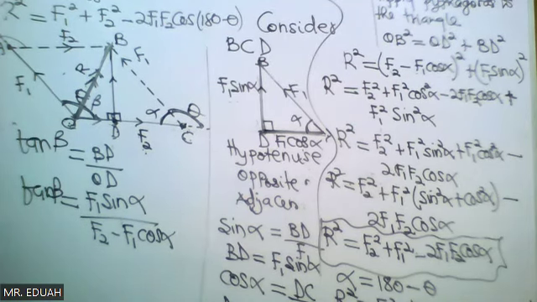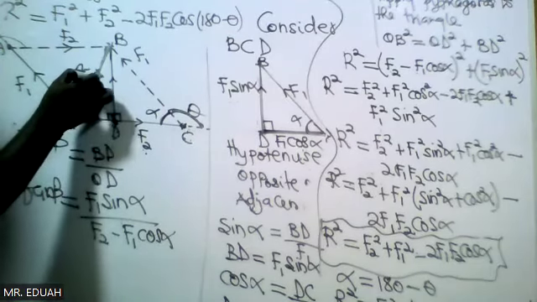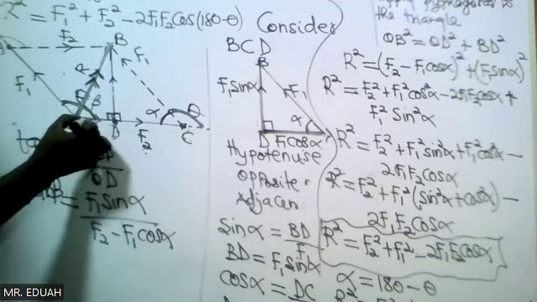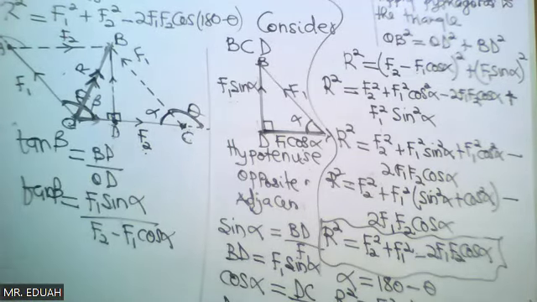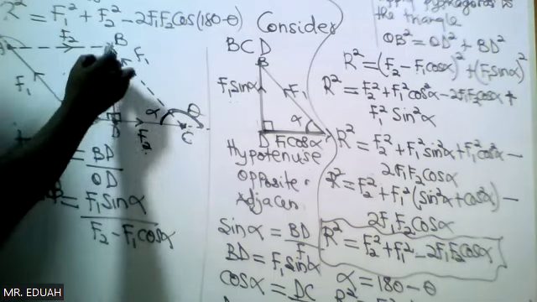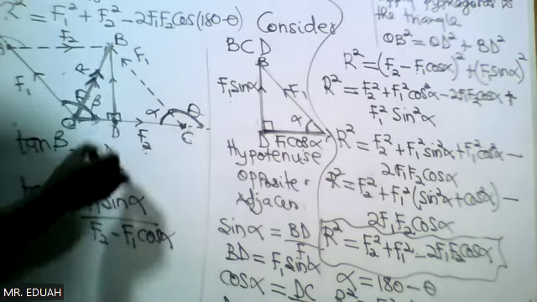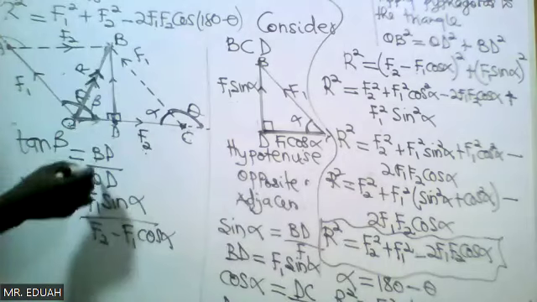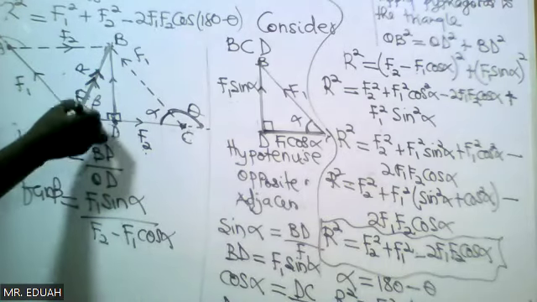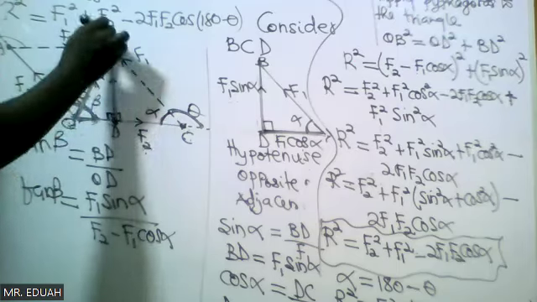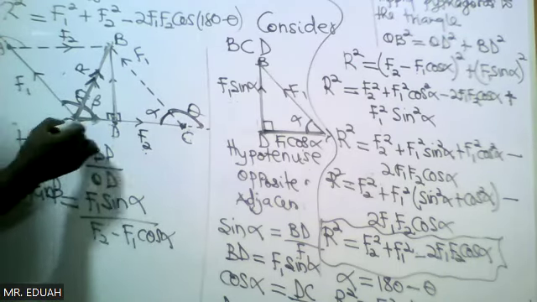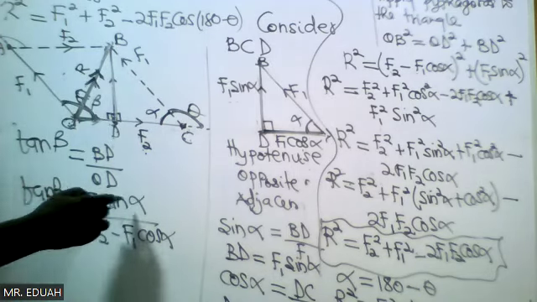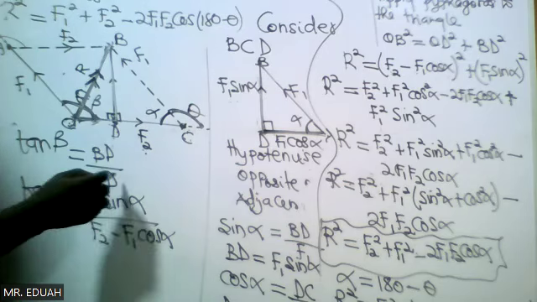We are looking at how to determine the direction of the resultant. You see, R points up. So when we are able to get the angle it makes with OD, we have the direction. Once we have the opposites to this right angle triangle, out of which we got R, take the tangent of this angle. Tangent is opposite BD over adjacent OD. BD is F1 sine alpha, and then OD.